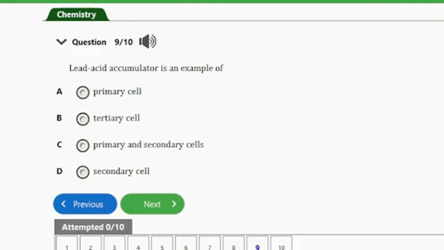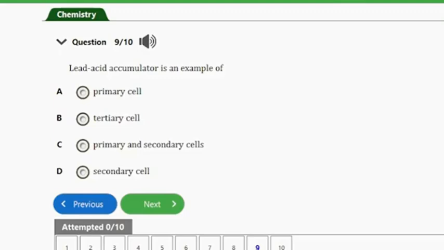Question number 9. It says lead acid accumulator is an example of: A, primary cell; B, tertiary cell; C, primary and secondary cell; D, secondary cell. So guys, the answer to this question is option D here, and that's secondary cell. A lead acid accumulator is an example of a secondary cell. Actually, we know that secondary cells are rechargeable batteries.